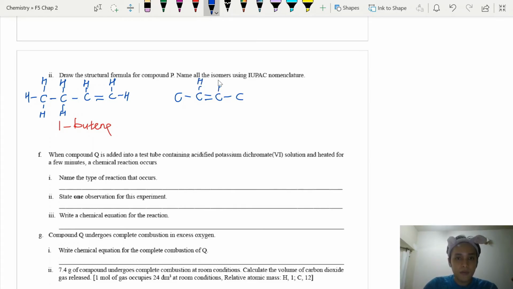So fill in hydrogens. Okay, done. Now my double bond is at the second carbon, so this is called 2-butene.